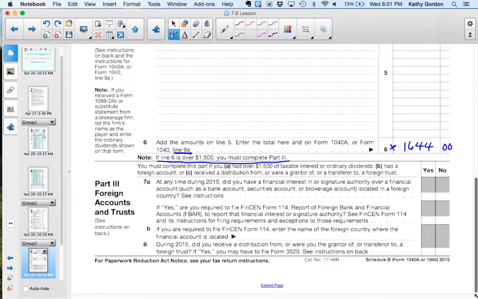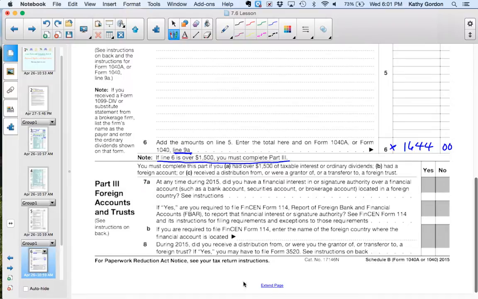So 7A says, at any time during 2015, did you have a financial interest in or signature authority over a financial account, such as a bank account, securities account, or brokerage account, located in a foreign country?